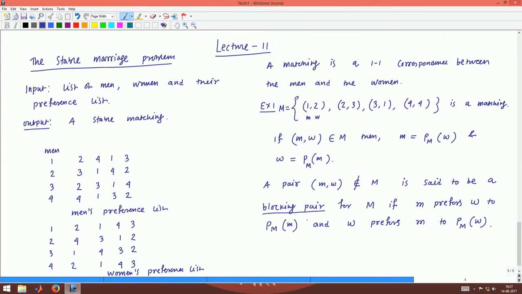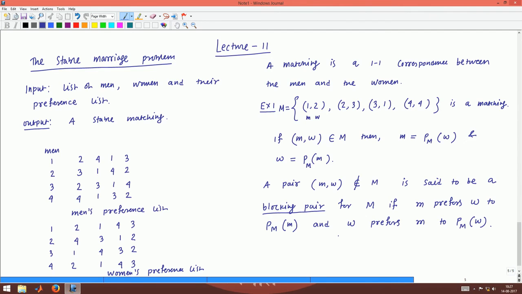Let me give an example to illustrate this blocking pair. This is a very important concept for this topic. So, let me give one example of a blocking pair.